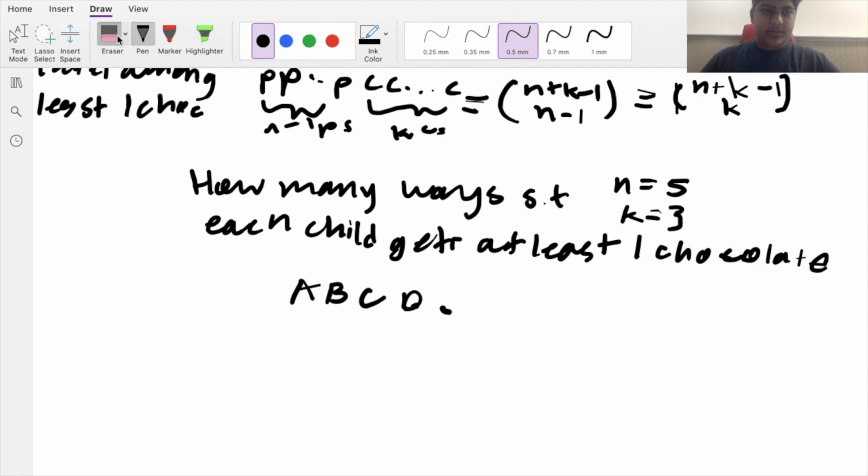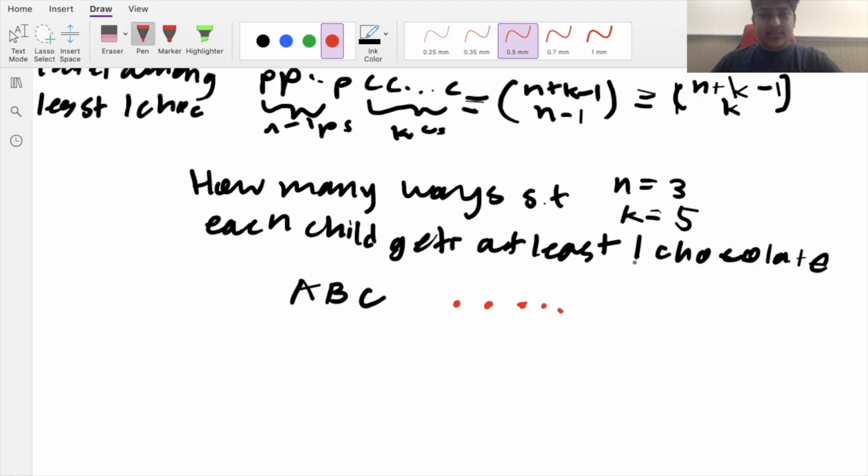This over here is supposed to be n equals 3, k equals 5. So we have child A, child B, and child C. Okay? And we have 5 chocolates.